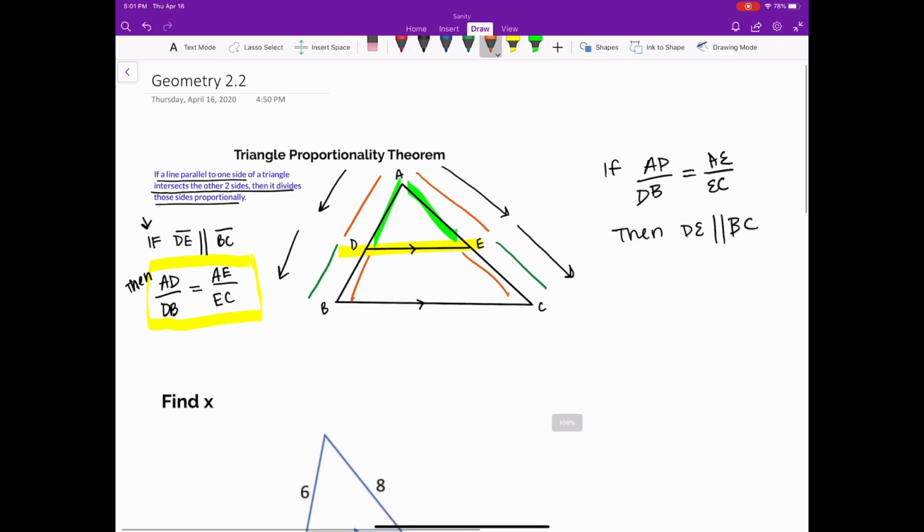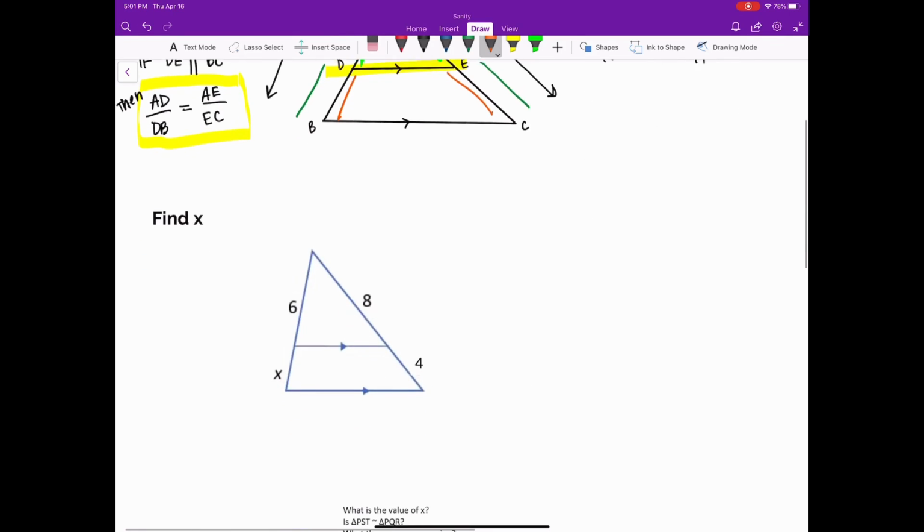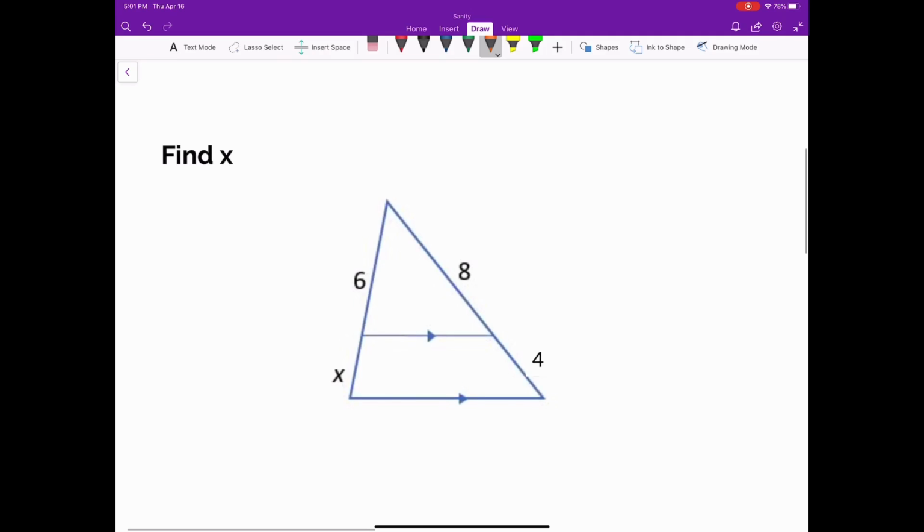Okay, I kind of drew a lot on that. Hopefully that made sense. So down here, we're going to find the value of x. And if we look at this, we do see that we have parallel lines here. So I know I can set up this ratio, right? There's going to be this 6 to the length of x has to be the same ratio as 8 to this length of 4.